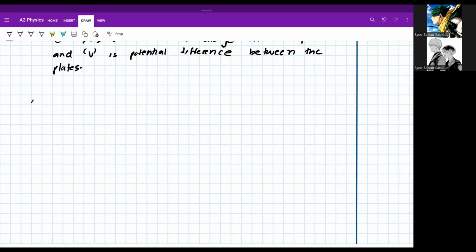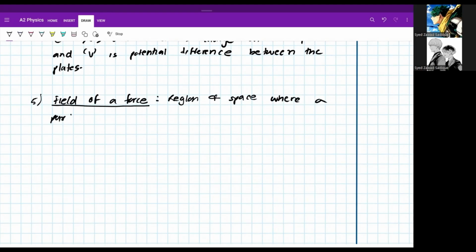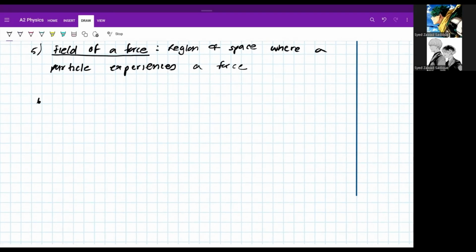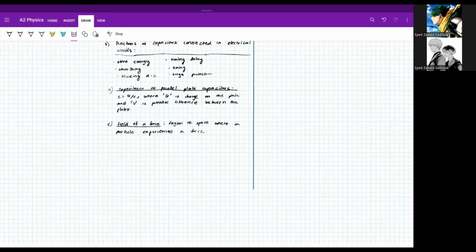Number 5 is field of a force. That is a region of space where a particle experiences a force. 6. Oh no, I think that's it. So these are the 5 things that we have.